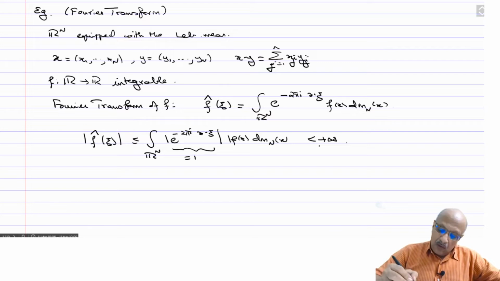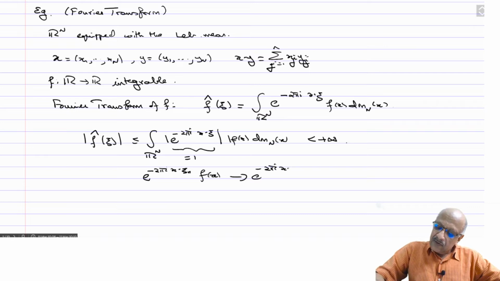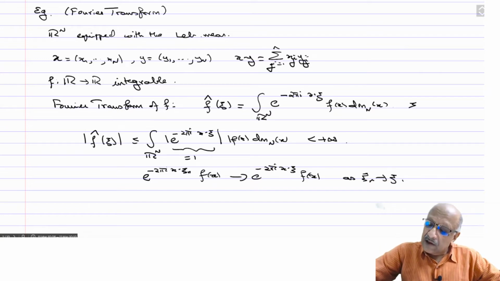Now we also have that e to the power minus 2 pi i x dot xi_n, times f of x, will converge to e to the power minus 2 pi i x dot xi, times f of x, as xi_n converges to xi, for xi in R^n.